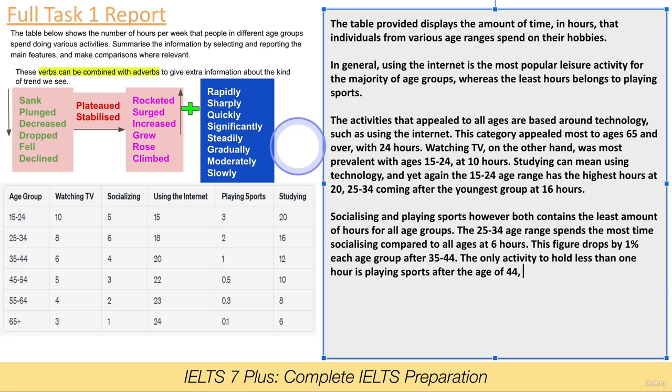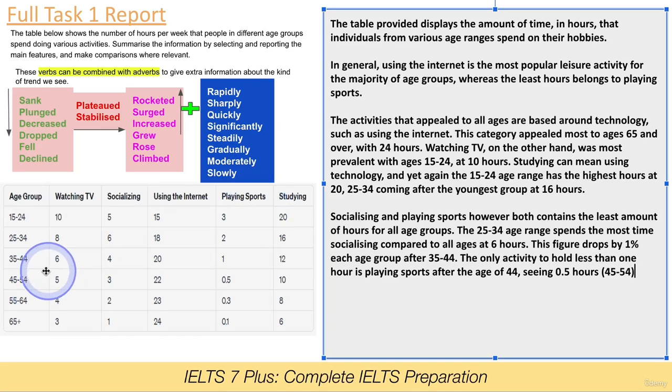Now I like some brackets, so we could say seeing 0.5 hours, and then brackets 45 to 54.